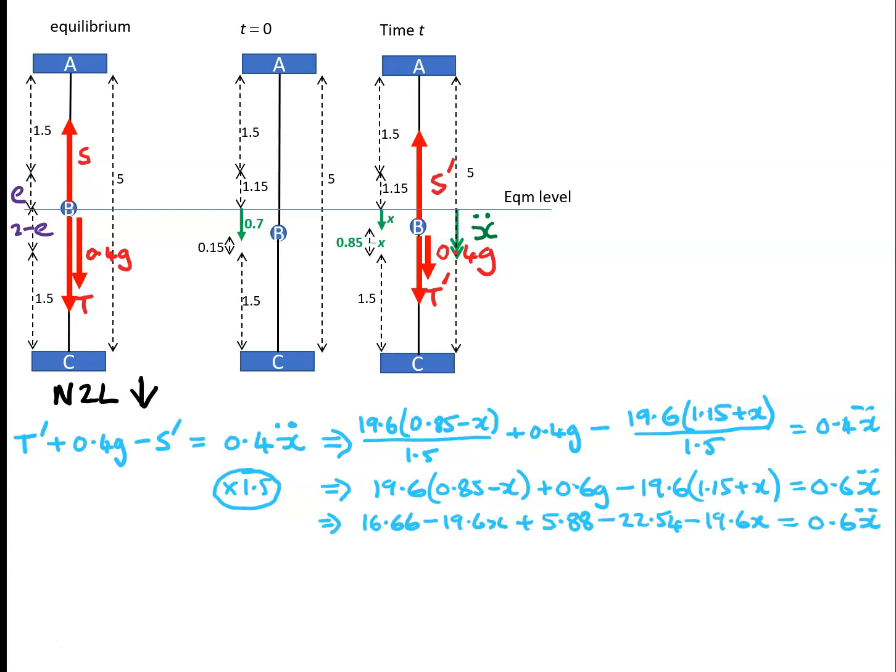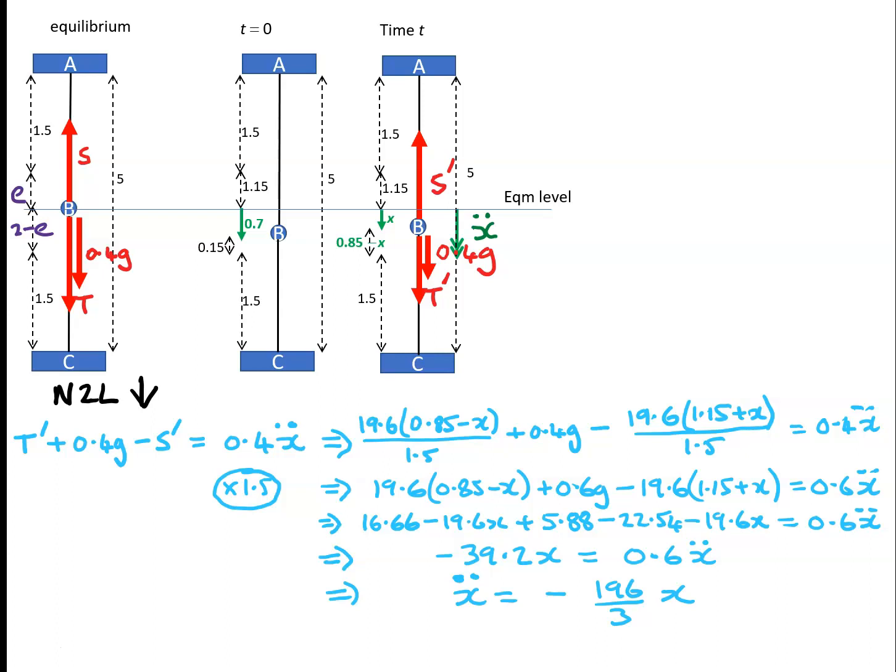Multiplying out the brackets and also calculating 0.6g gives me 16.66 minus 19.6x plus 5.88 minus 22.54 minus 19.6x equals 0.6x double dot, which simplifies to minus 39.2x equals 0.6x double dot. So we've got x double dot is minus 196 over 3 times x.